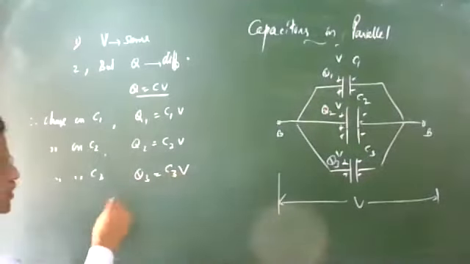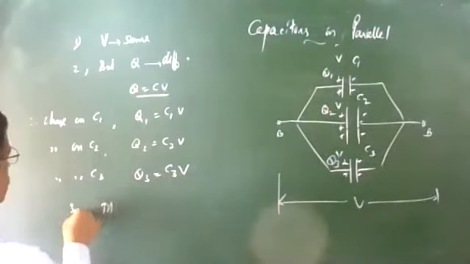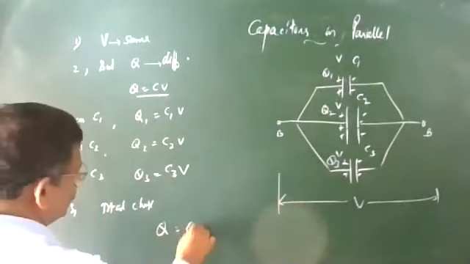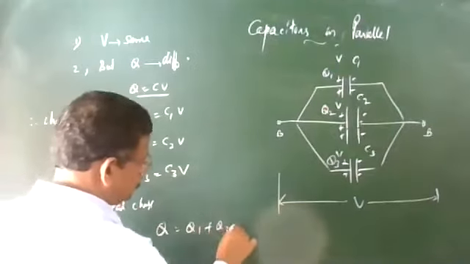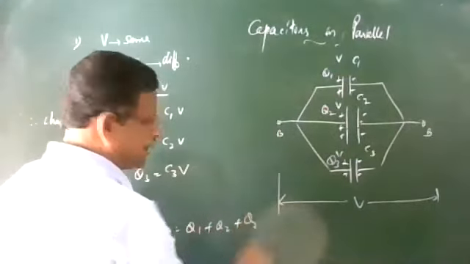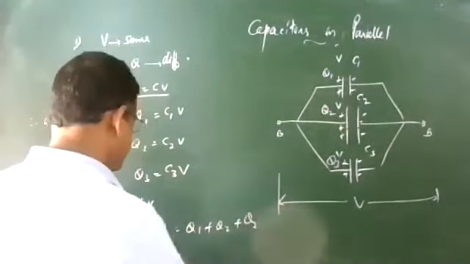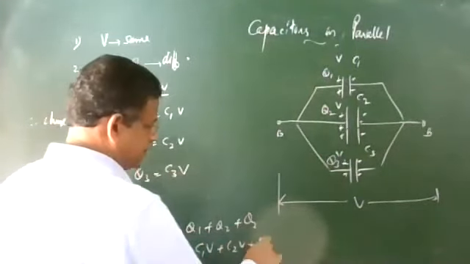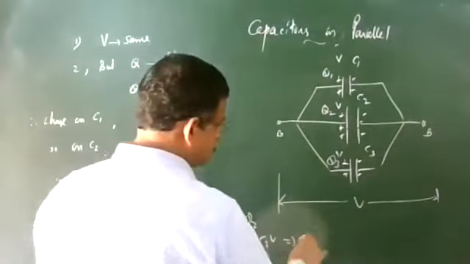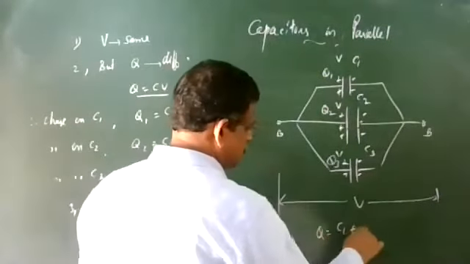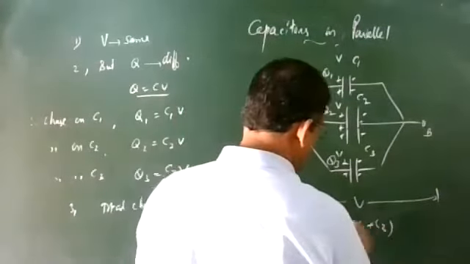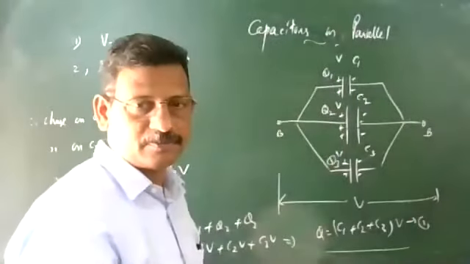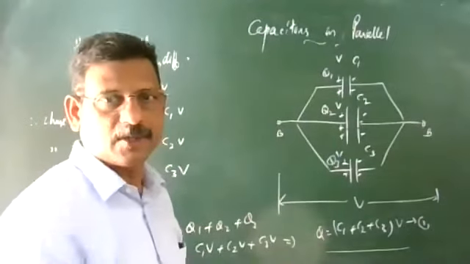Total charge Q equals Q1 plus Q2 plus Q3, so Q equals C1V plus C2V plus C3V. That is Q equals C1 plus C2 plus C3, times V, since V is common. Call this equation 1. This is the total charge.